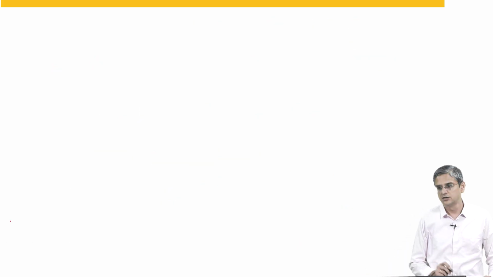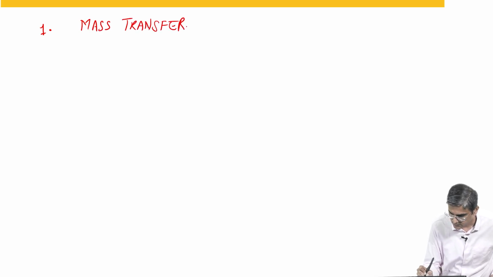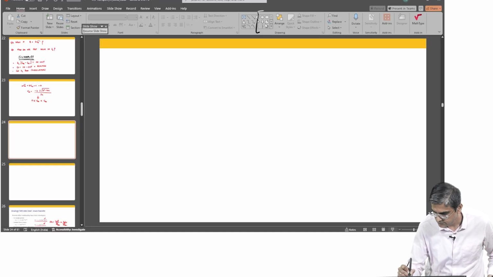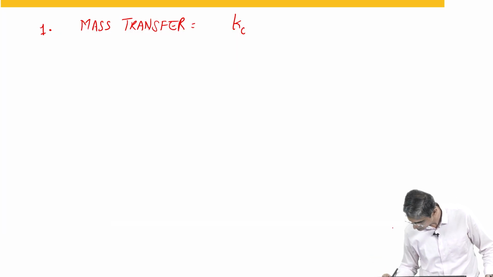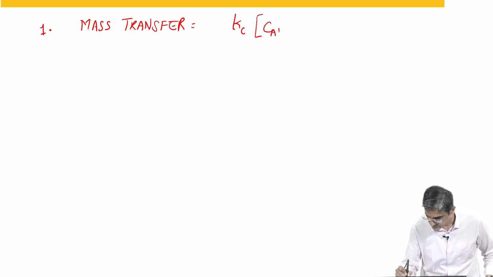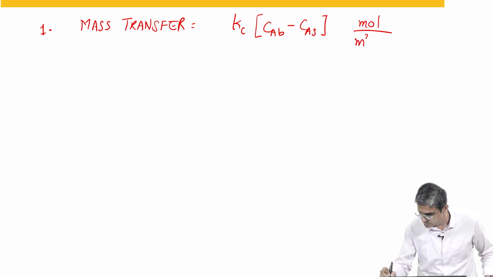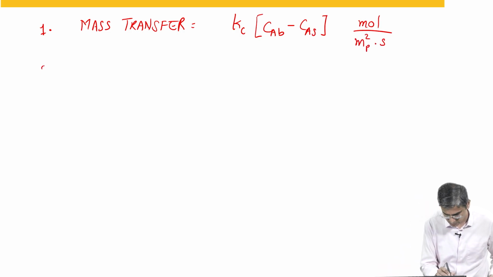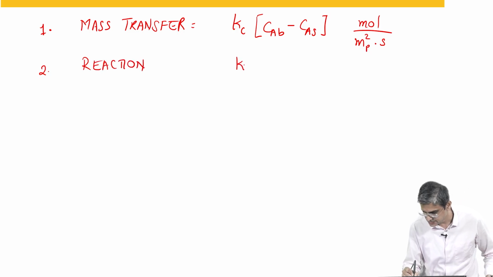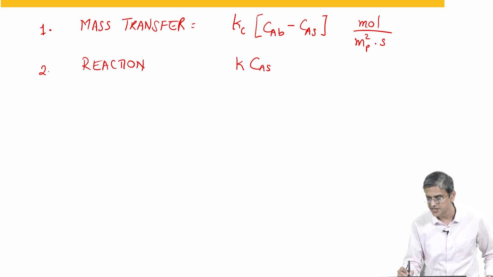The way to solve the second problem, there is only one difference in the second problem. The mass transfer is Kc CAB minus CAS moles per meter square particle per second. Reaction is given as K multiplied by CAS.